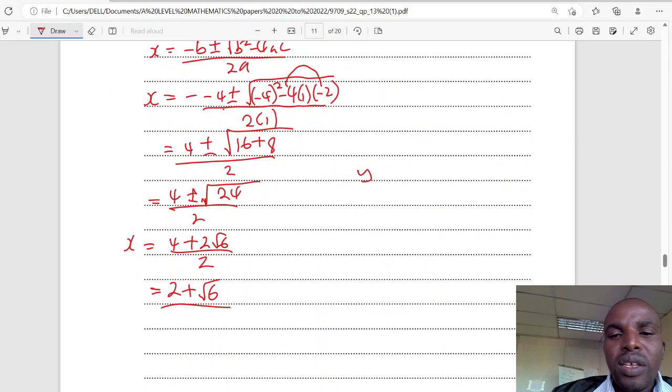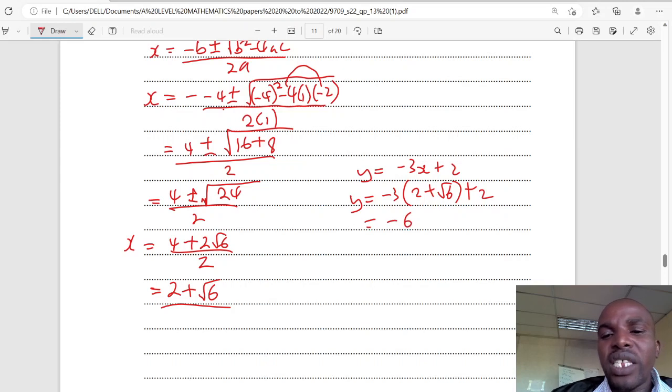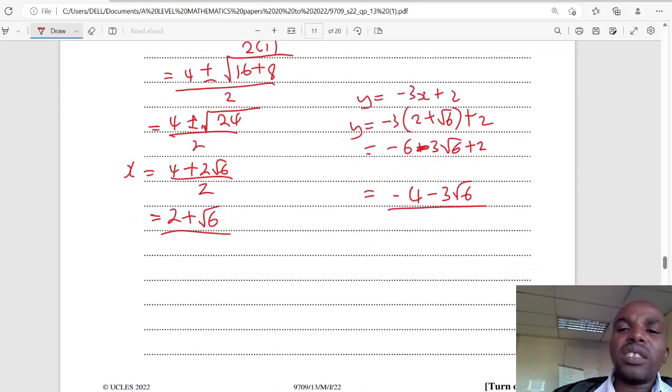So your y is minus 3x plus 2, which means y is equal to minus 3 times x, which is 2 plus root 6, then plus 2. Remove the bracket: minus 6 minus 3 root 6, then plus 2. So it will be minus 6 plus 2 is minus 4, minus 3 root 6.